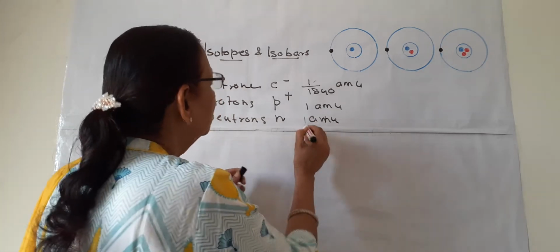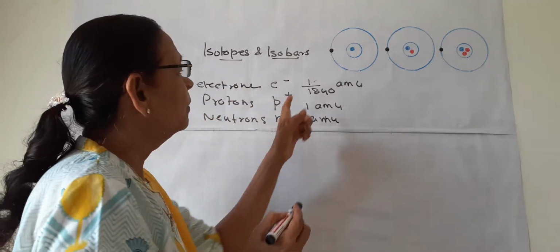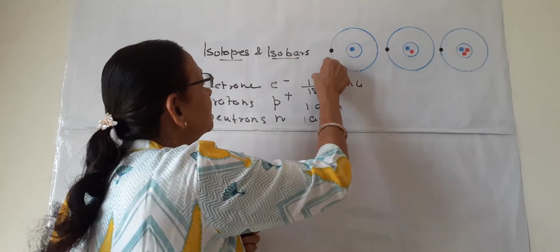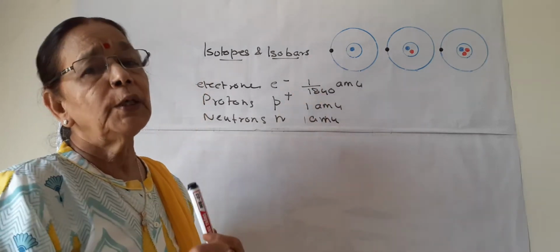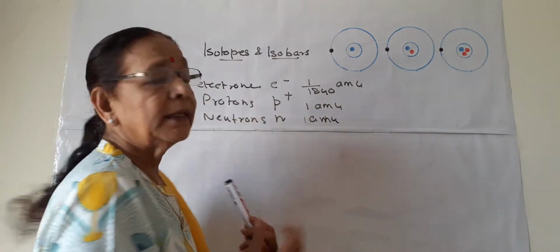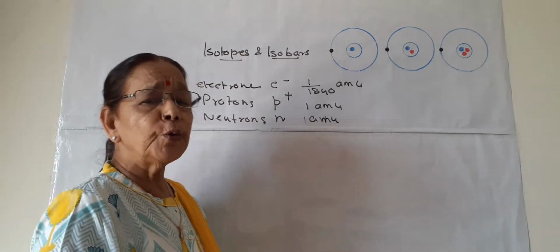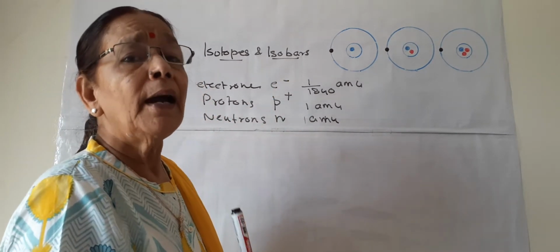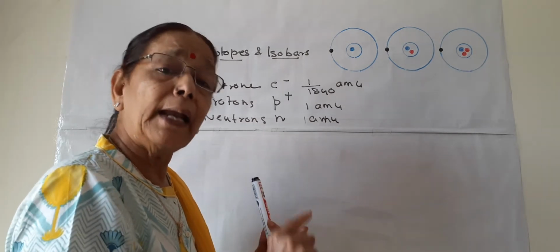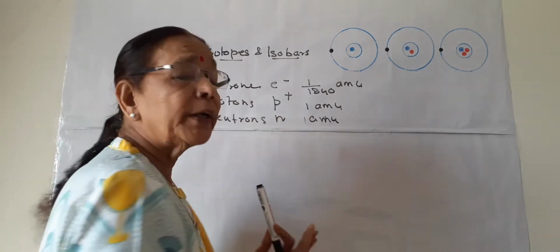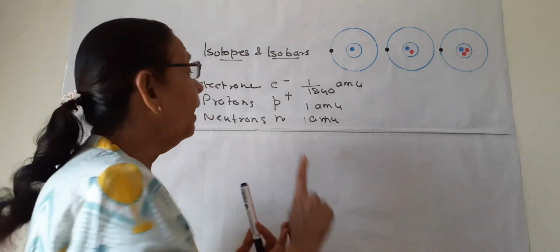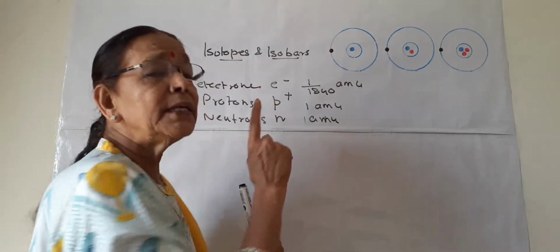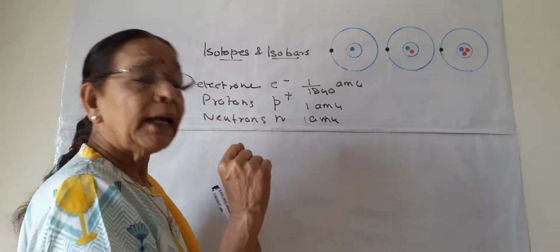That is, the mass of electron is quite less in comparison to these two. Now if we want to know which of these subatomic particles identifies the atom, which one is important for an atom?